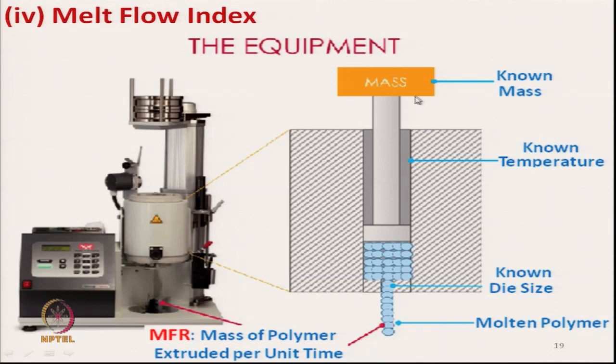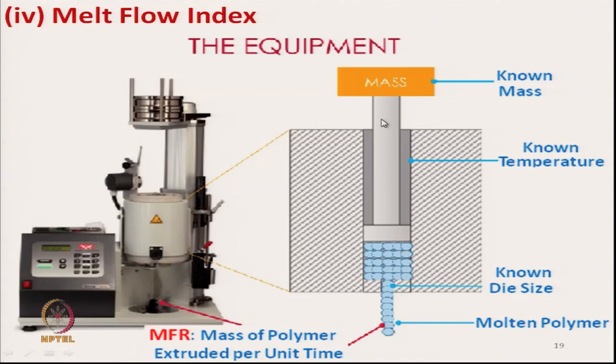This is the equipment where molten polymer of known mass is placed here and the temperature is maintained. We know at what temperature we have to keep the molten polymer, and the die is kept here at the bottom.